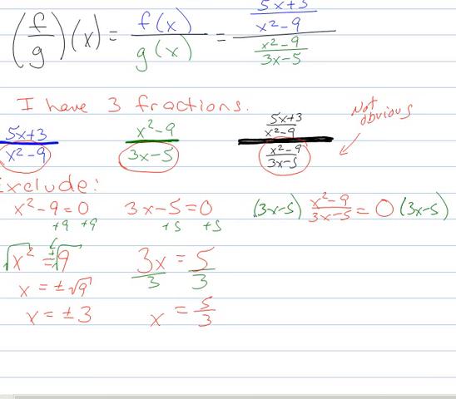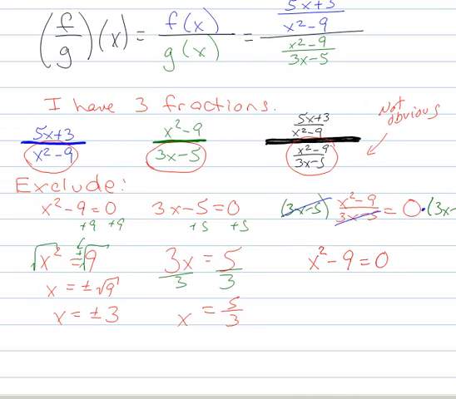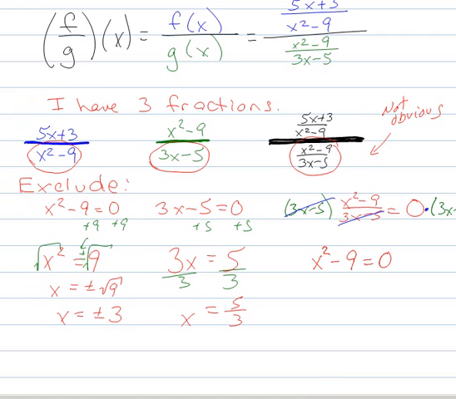So these here will cancel out. 0 times anything is just going to be 0. So I end up with x squared minus 9 equals 0. And that's actually not so bad because that, in fact, turns out to be the same thing that we solved over on this side over here. So we can just jump right down to the answer and say plus or minus 3. So that means we just found the same thing twice, and that's okay.